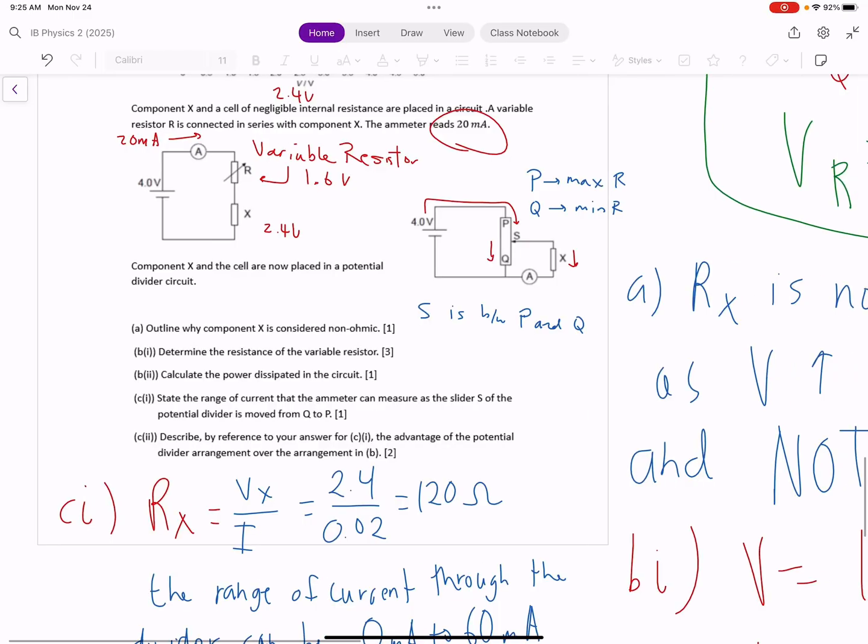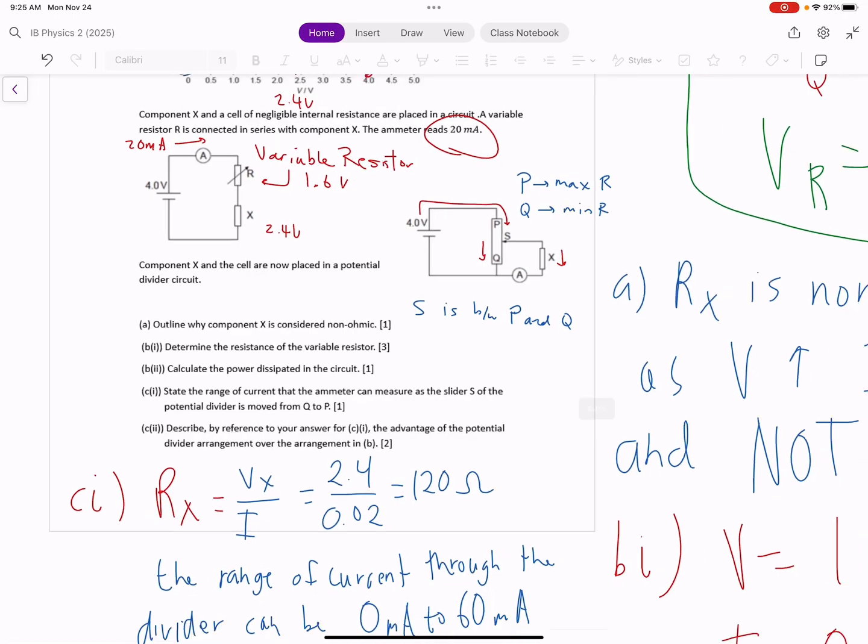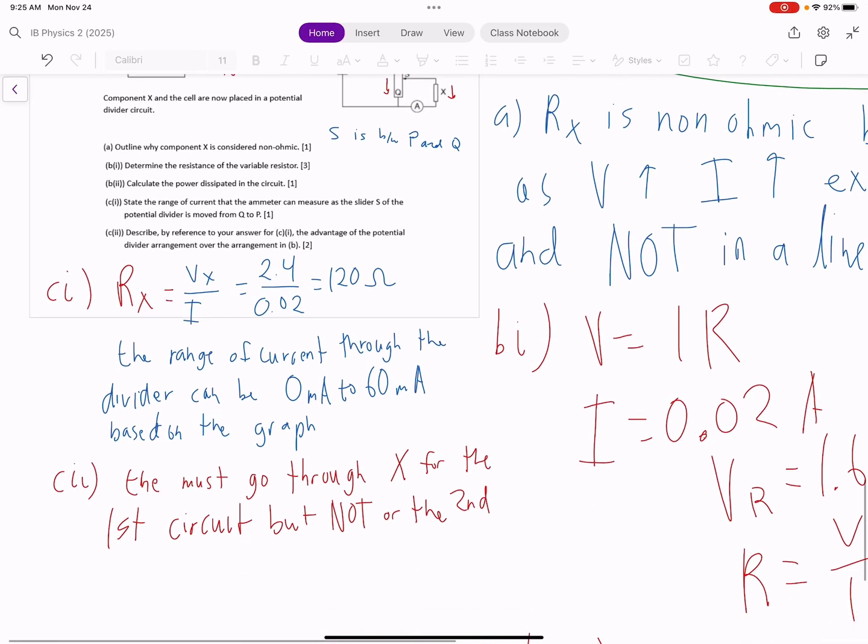So you can change the current more in the second one. What did I put as the answer? The current must go through X for the first circuit, but not for the second circuit.